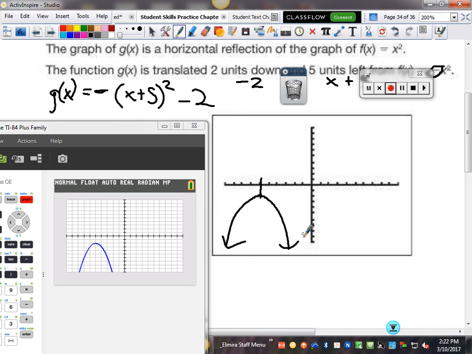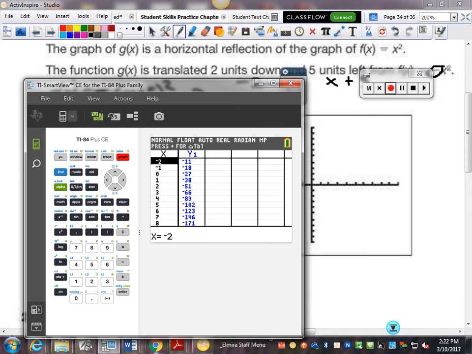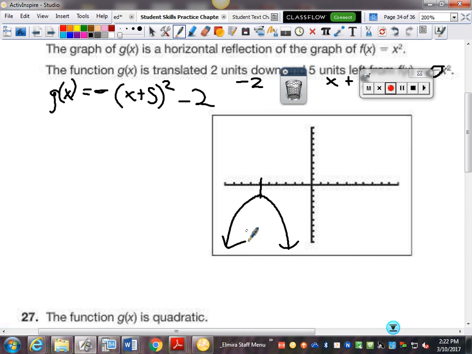Sketching it in, not exact. I wish it was exact so that we could go to the table and graph it from the table. But they're not doing that. So, whatever. Draw your best picture that you can.